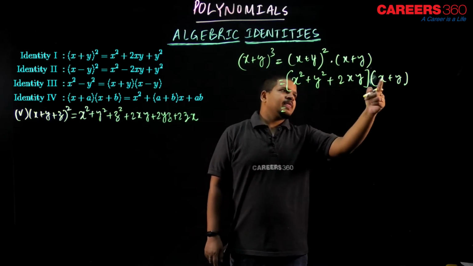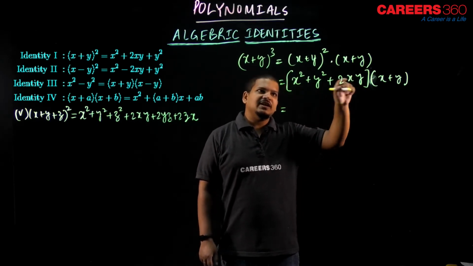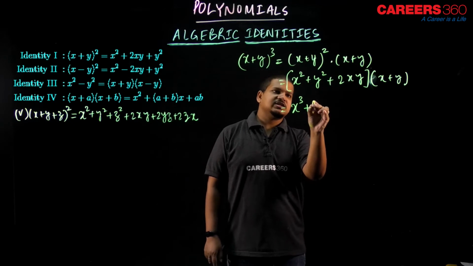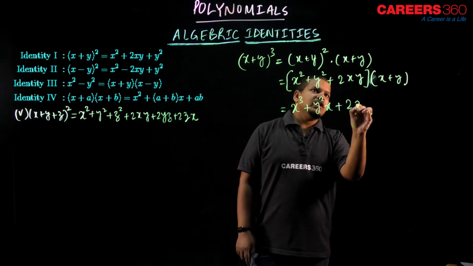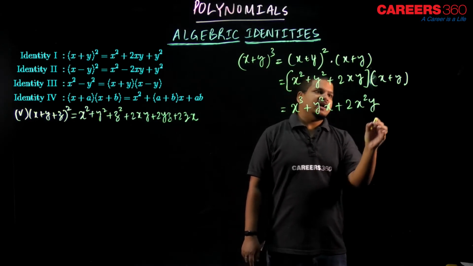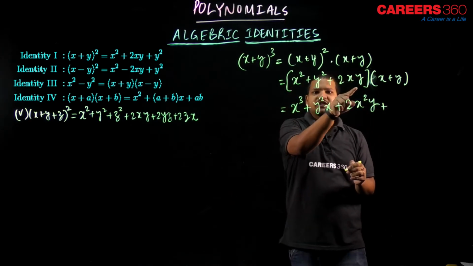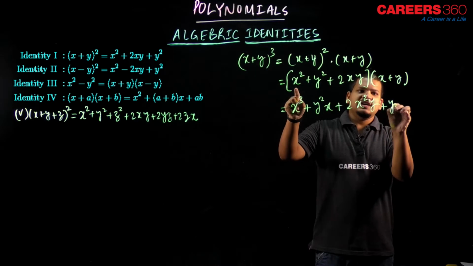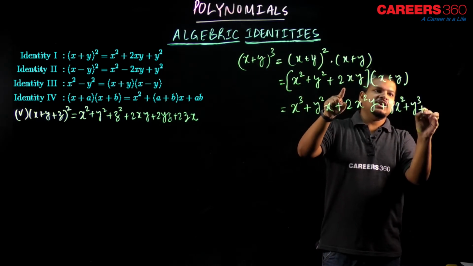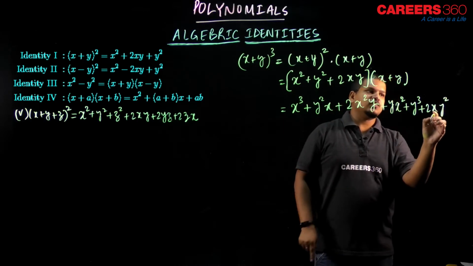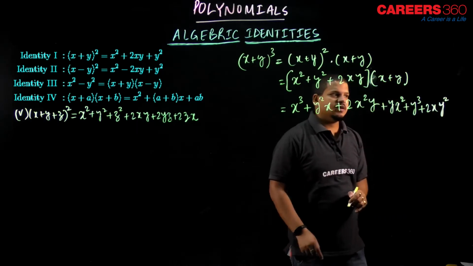Firstly this x will be multiplied in the expression, so x cube plus y square x plus 2x square y, and then y will be multiplied throughout, so y x square, then y cube, and then 2x y square, right?